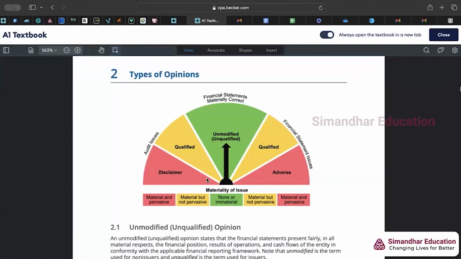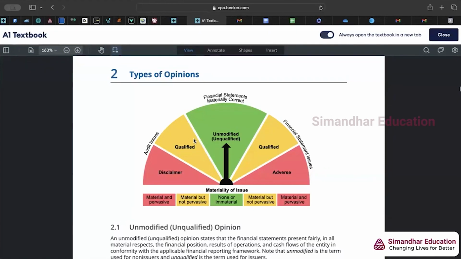Management believes that their estimate is correct. They are sure, but you are not able to audit that estimate because you do not have enough evidence to prove that management's estimate is right. You will give qualified opinion, material but not pervasive.